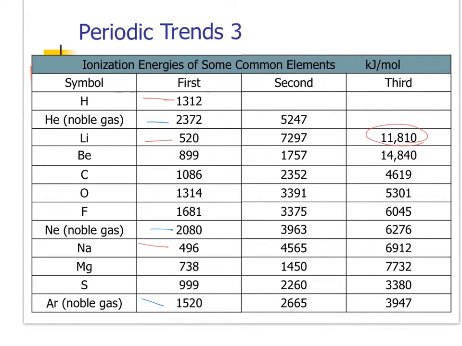Lithium will lose 1, 2 is pretty hard, 3 is almost impossible. And for beryllium, it has 2 in the second energy level, and that 1 is pretty easy. 2, it takes a little bit, but good luck getting that third away from beryllium as well. So these trends do happen.